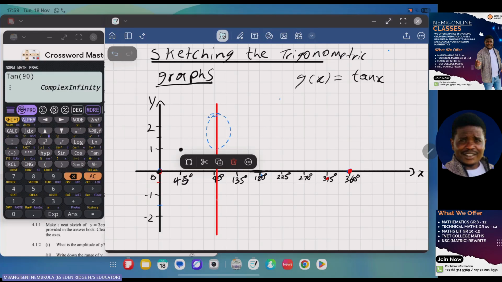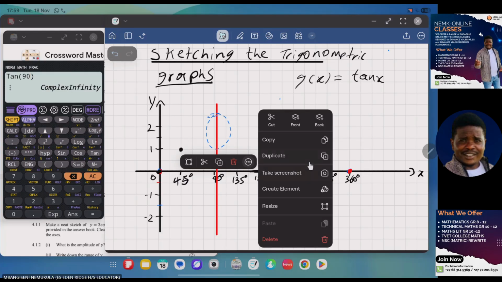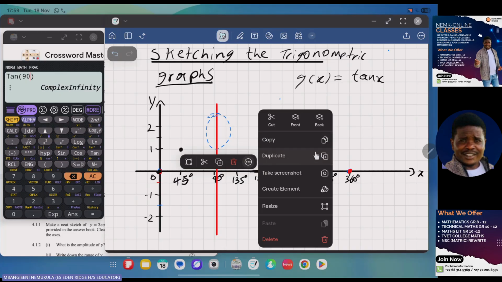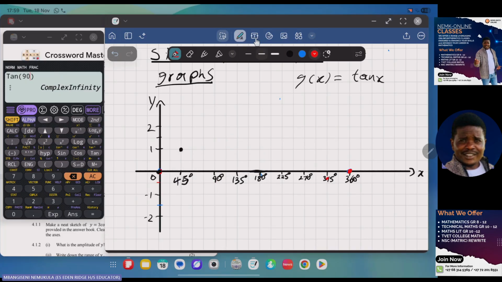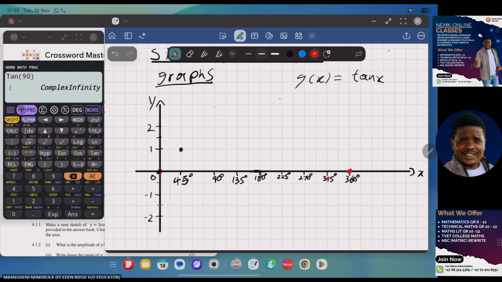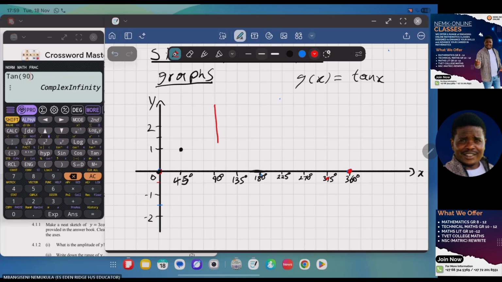Let's redo it again. We're going to make this line a dotted line.